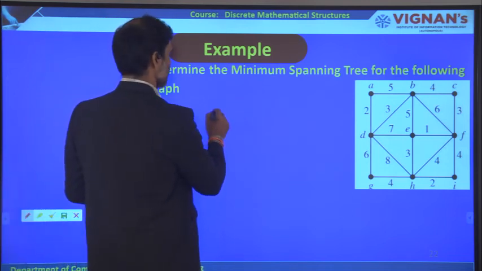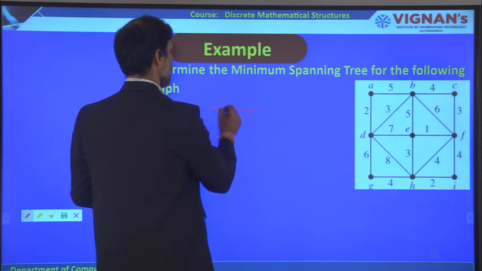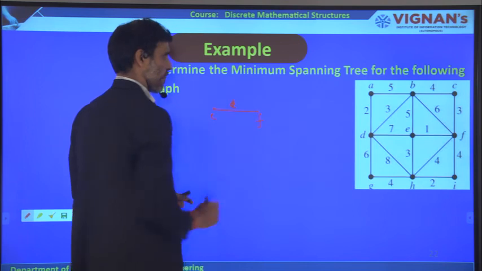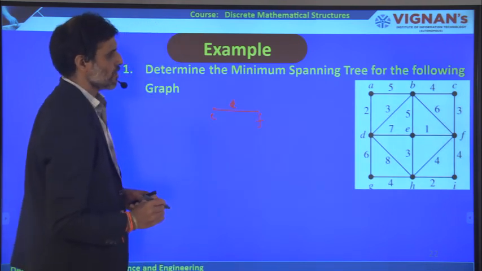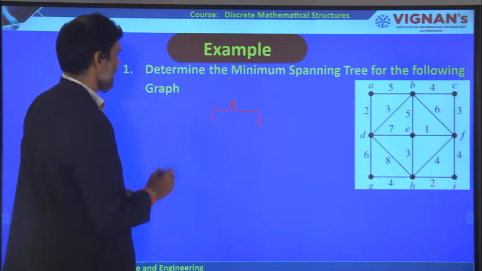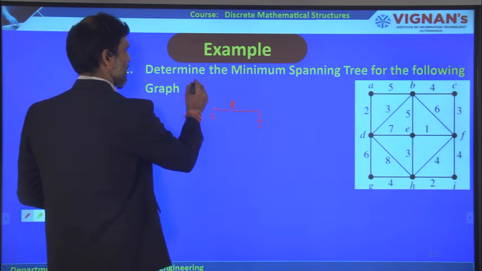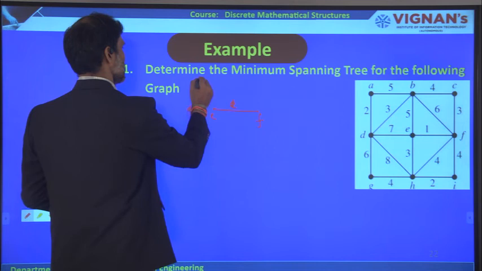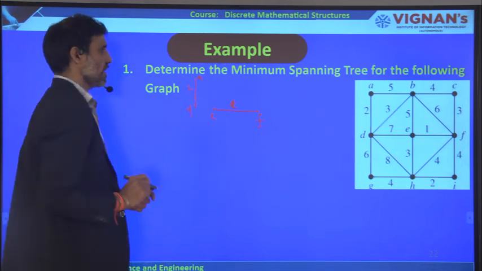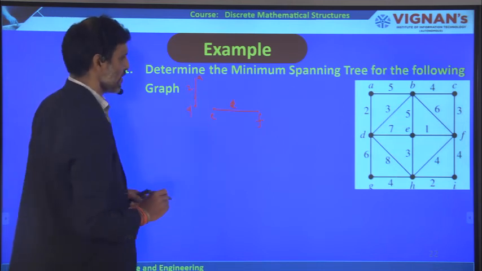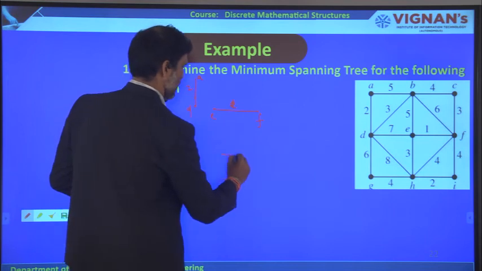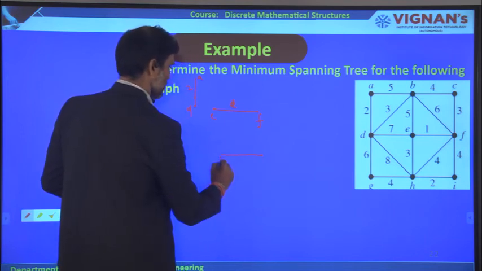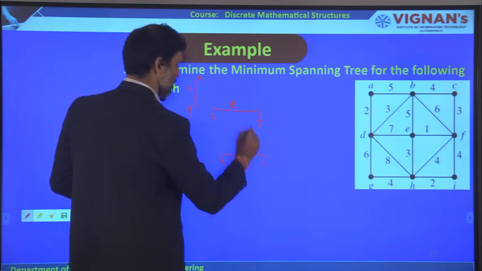You have to go with first EF, this is the minimum edge, so you take it like this. Then another edge is A to D, after that in increasing order, or otherwise you can go with HI, which is also a minimum value.